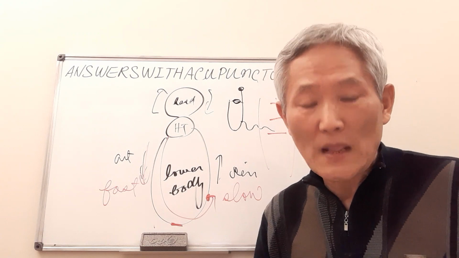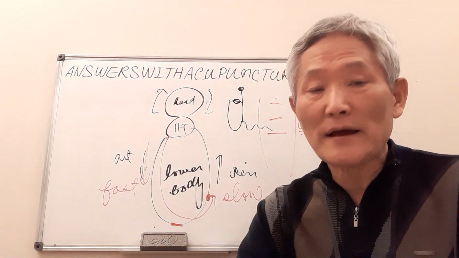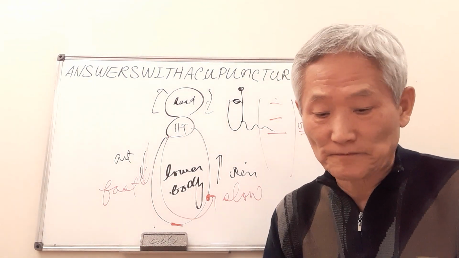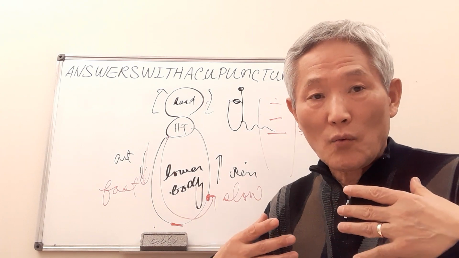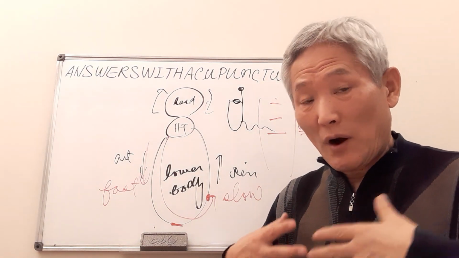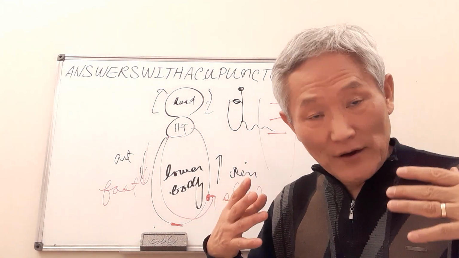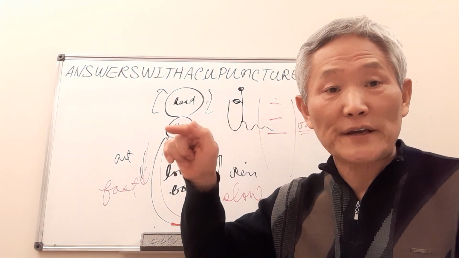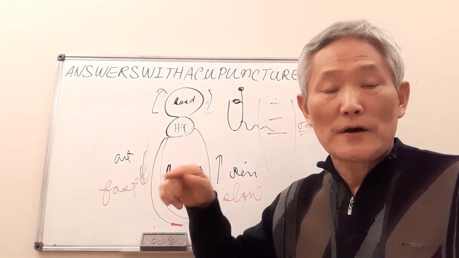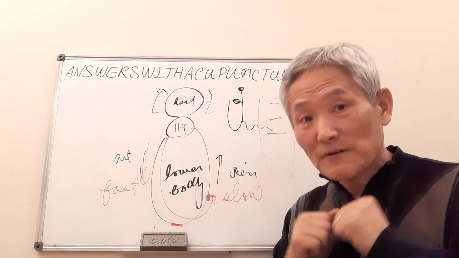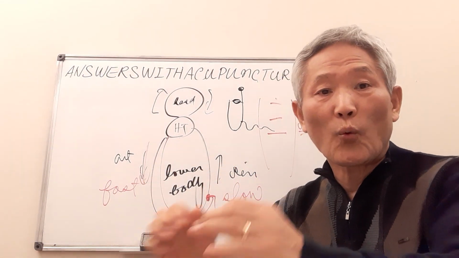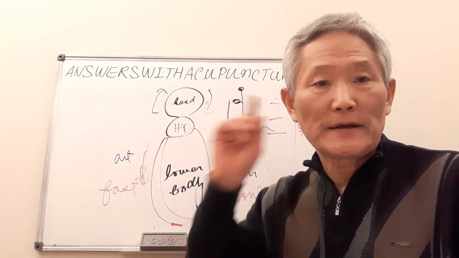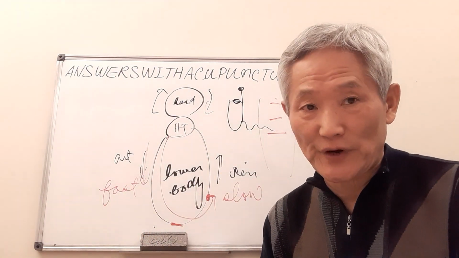Then the second theory is our heart has a function. If anywhere there is a kind of blockage or slowness, the heart tries to open it with pressure. That causes high blood pressure.